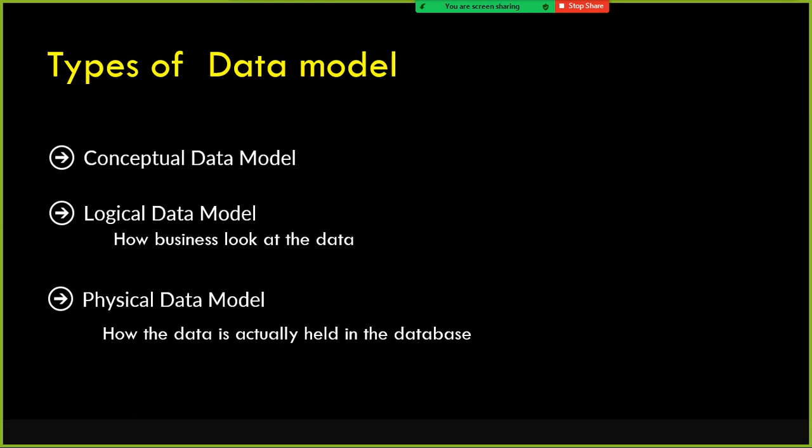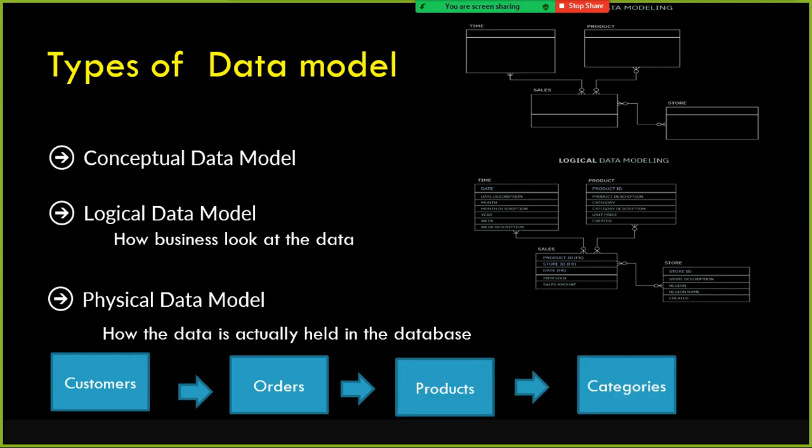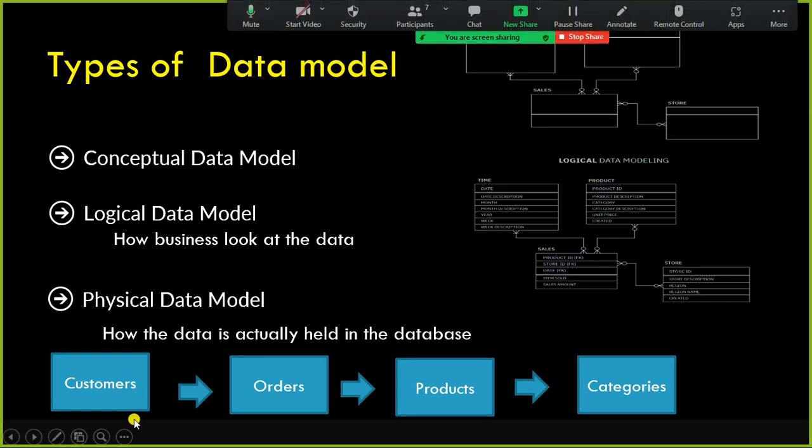For example, customers order products, and the products fall under different categories, and also they order products across the stores, right? So here the essential entities are customers, orders, products, and categories.